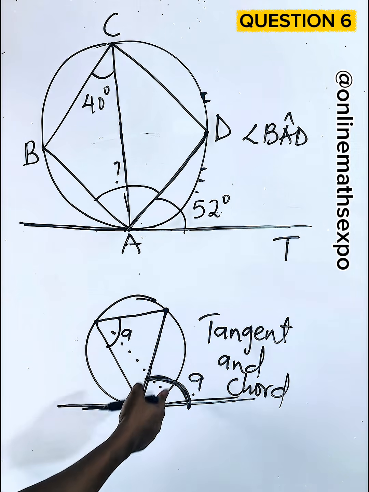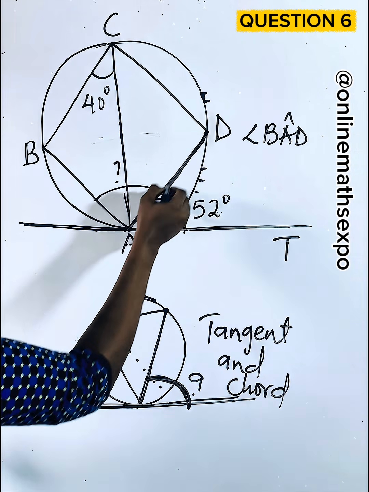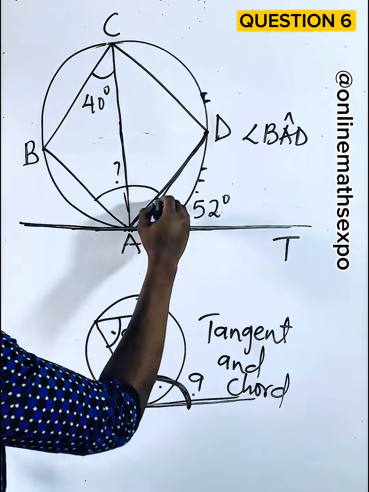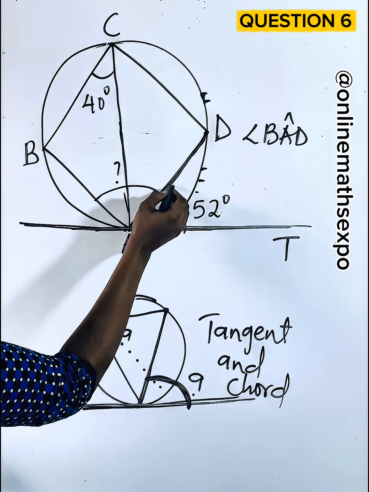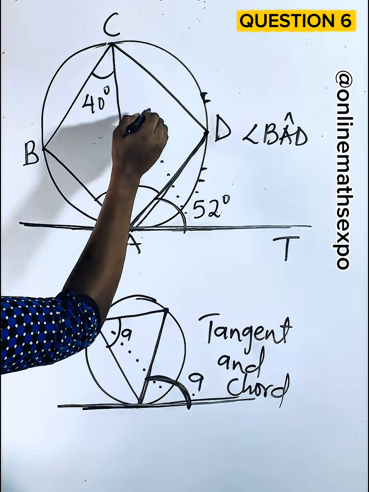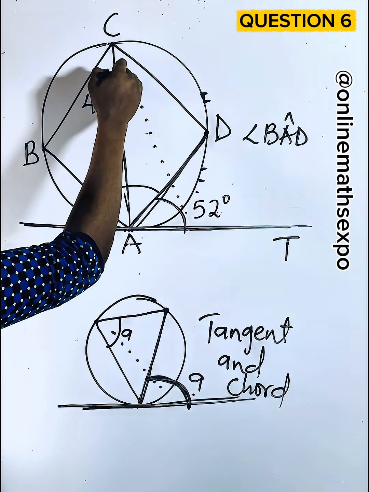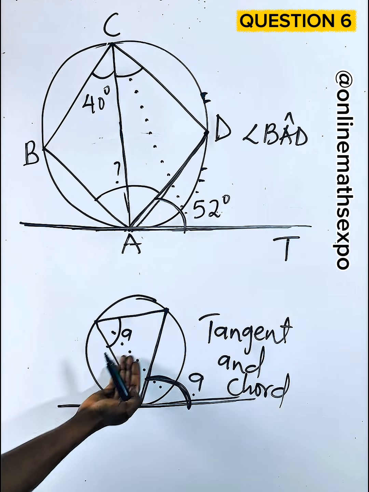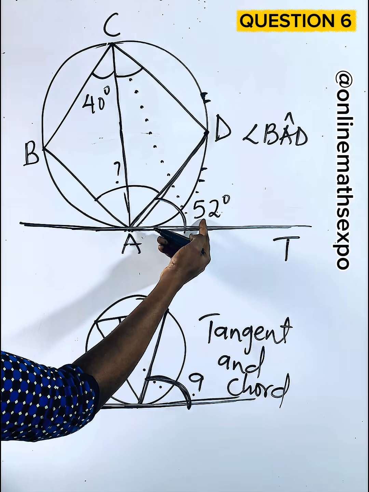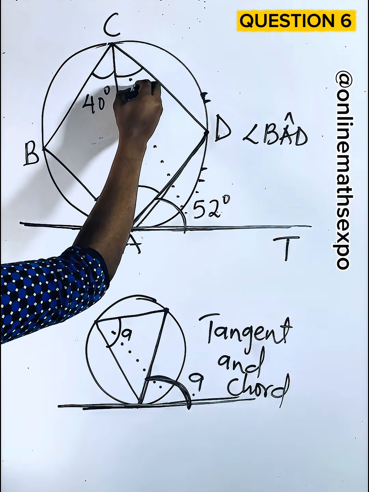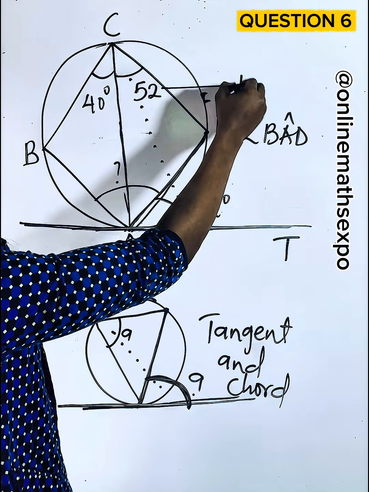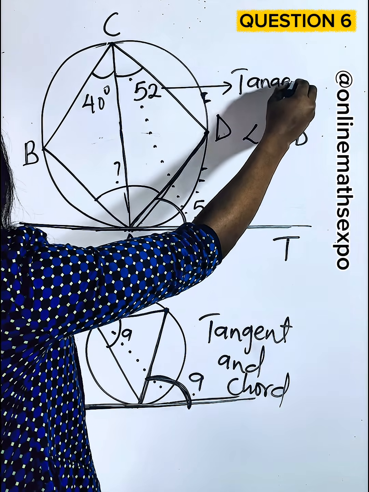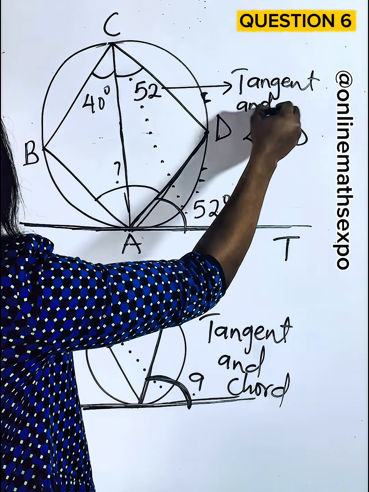So what it means is that this angle, which the chord and the tangent form at this point, this angle 50, just take it back to this triangle, did you see? It is equal to the angle in the opposite segment. So if here is 52, this place will also be 52. What is your reason? My reason is the tangent and chord theorem.